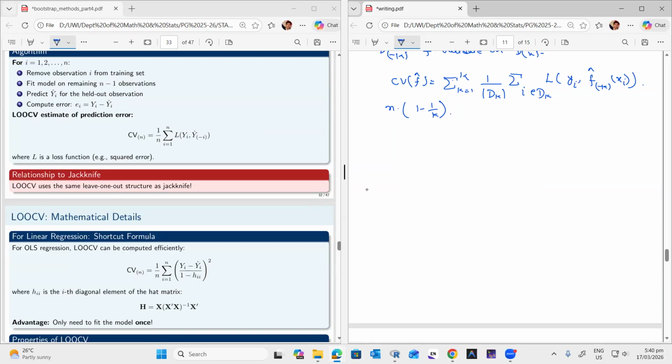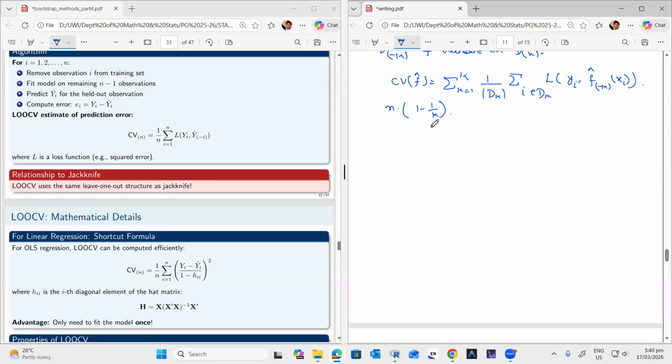All right, and then after this, we fit the model on the remaining n minus 1 observations. So our model is fitted on the reduced data set. For a parametric model like linear regression, this means re-estimating the coefficients. For non-parametric models like nearest neighbors, it involves building the predictor based on the n minus 1 points.